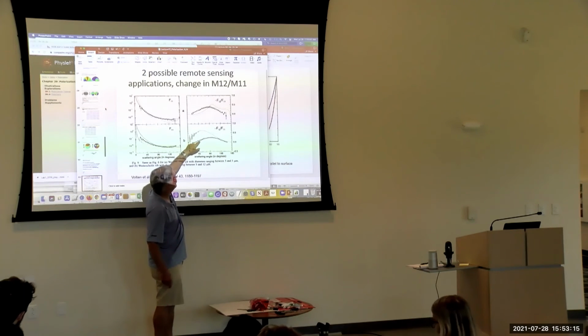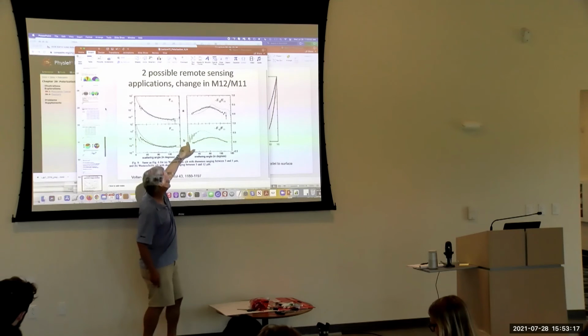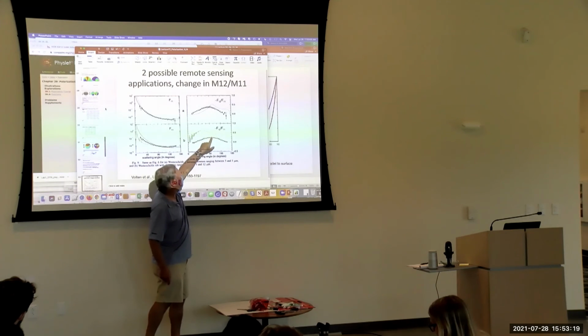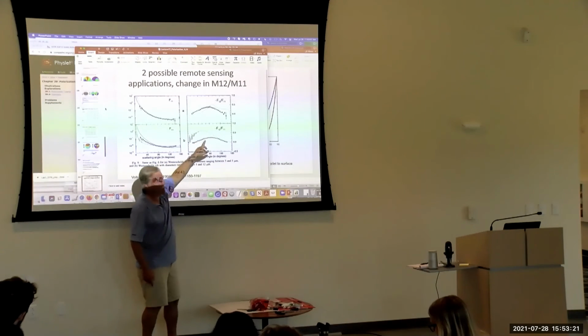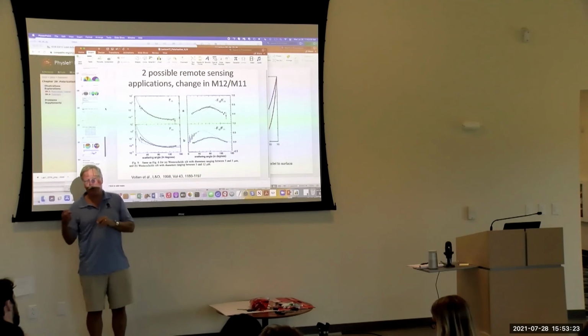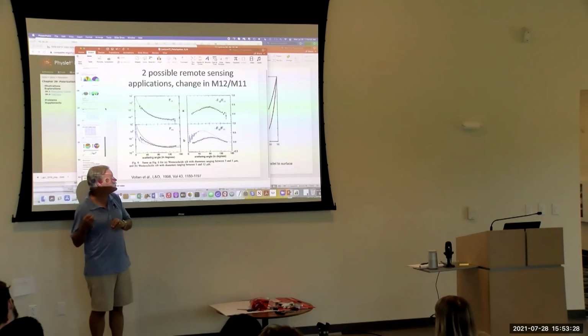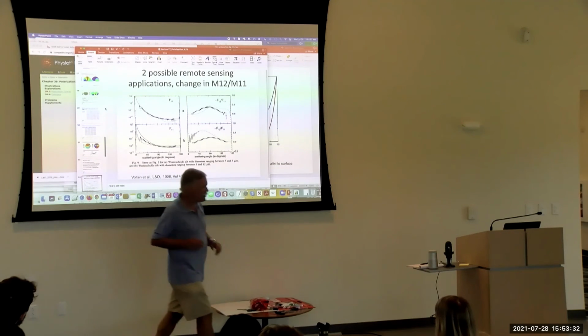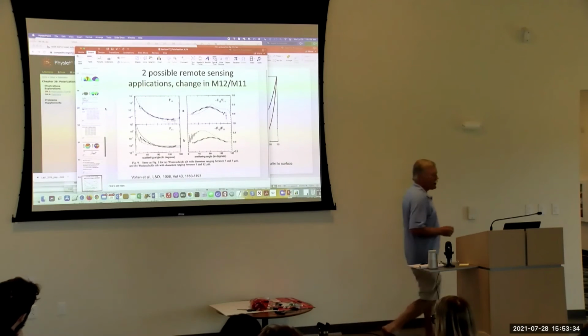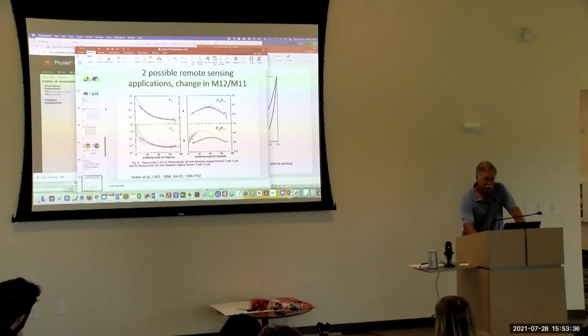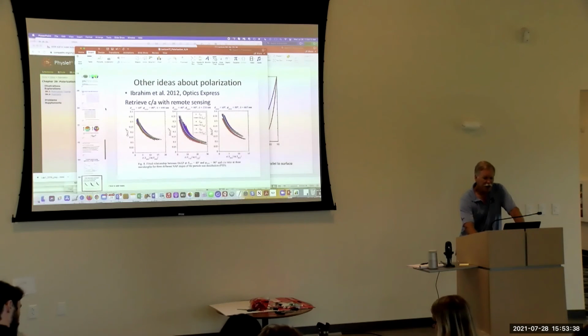Here you can see something completely different. So maybe very hard particles, definitely hard particles, high index particles will have a different kind of Mueller matrix, and you might be able to tell something about the particles there.